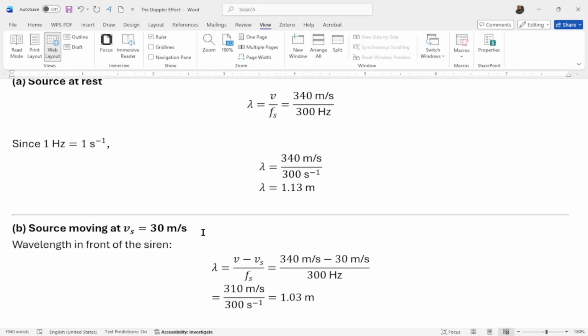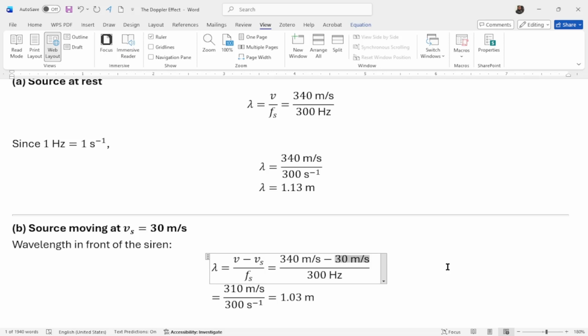Now, when the source is moving at 30 meters per second, what will be the wavelength of the sound at the front and at the back of the police siren? At the front of the police siren, we're going to use this formula, as I said a while ago. The velocity of the sound in the air is 340 meters per second minus the velocity of the police siren, that is 30 meters per second.